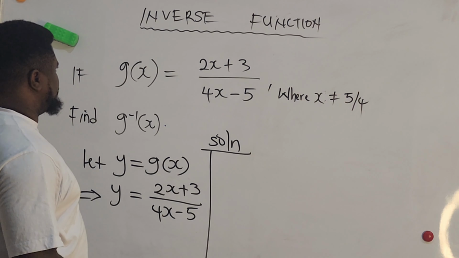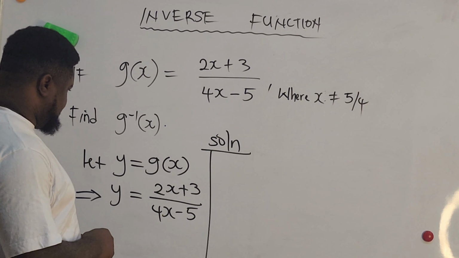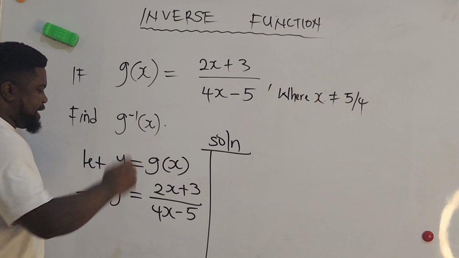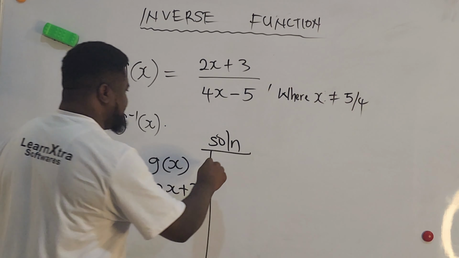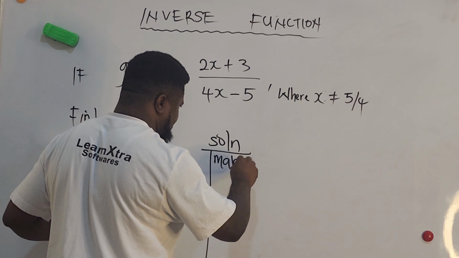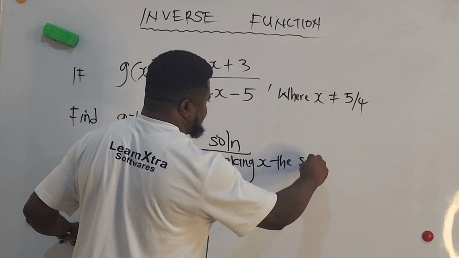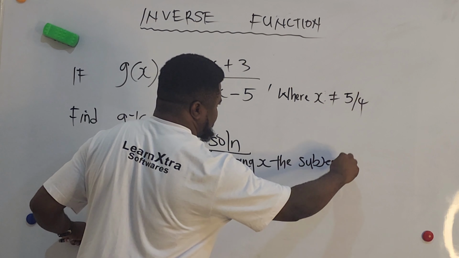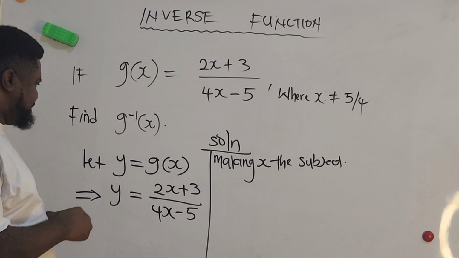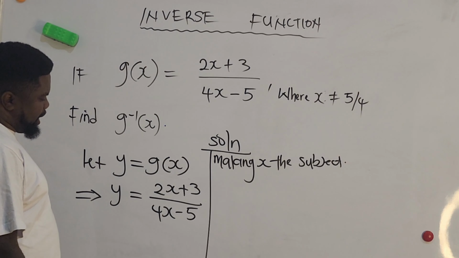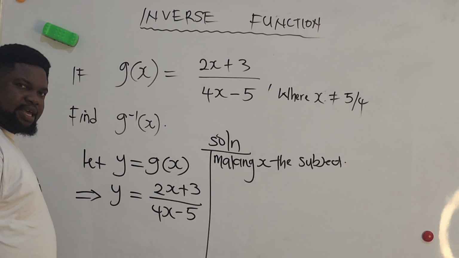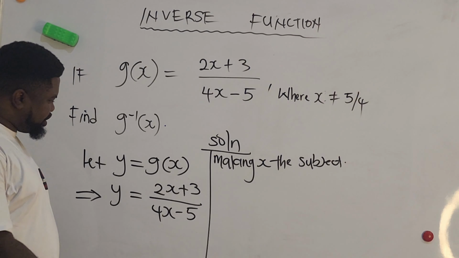Next step is to make x the subject formula. Can we? Yes, we can. How do we achieve that? x is up, x is down. How do we achieve it?